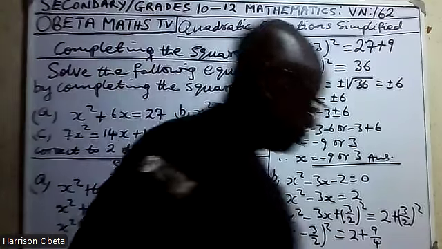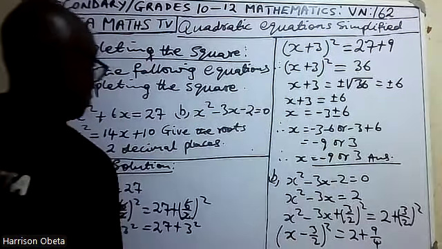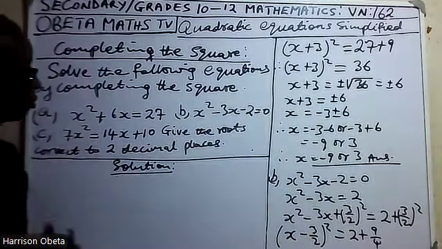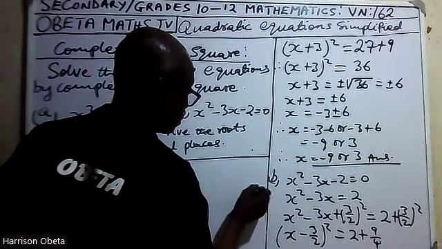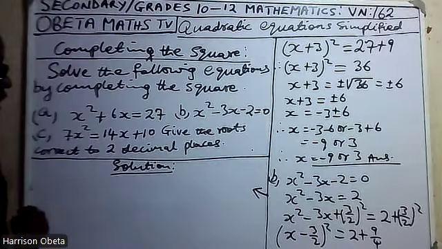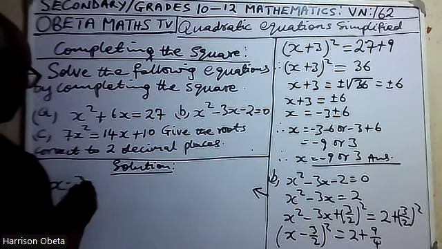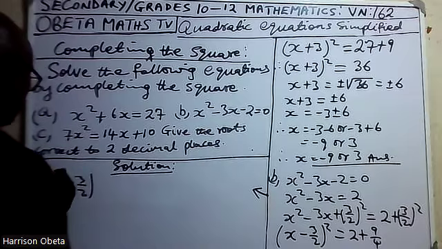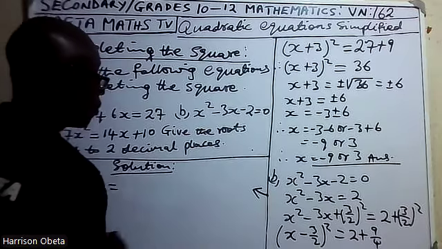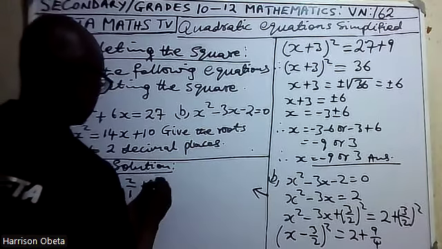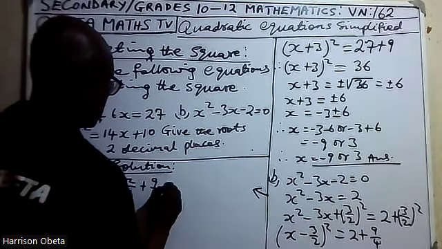Coming back to this side, we have x minus 3 over 2 all squared is equal to 2 over 1 plus 9 over 4.